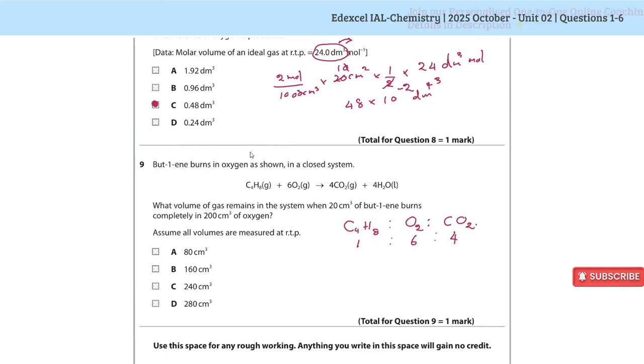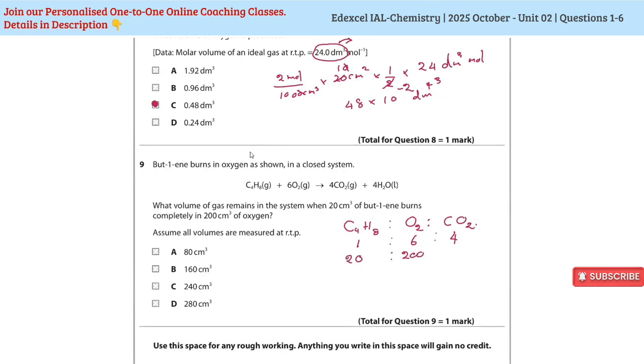So, here they say initially 20 cubic centimeters of butene and 200 cubic centimeters of oxygen is mixed, and at the end of the reaction it says butene is completely burnt.